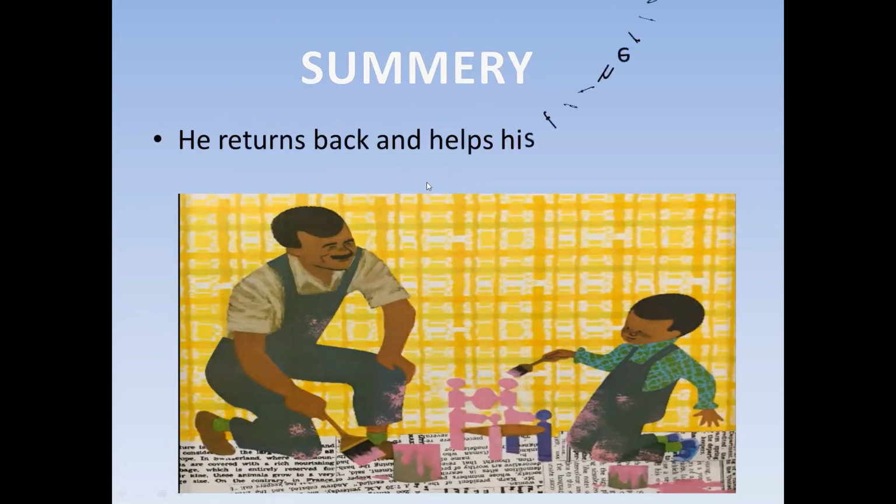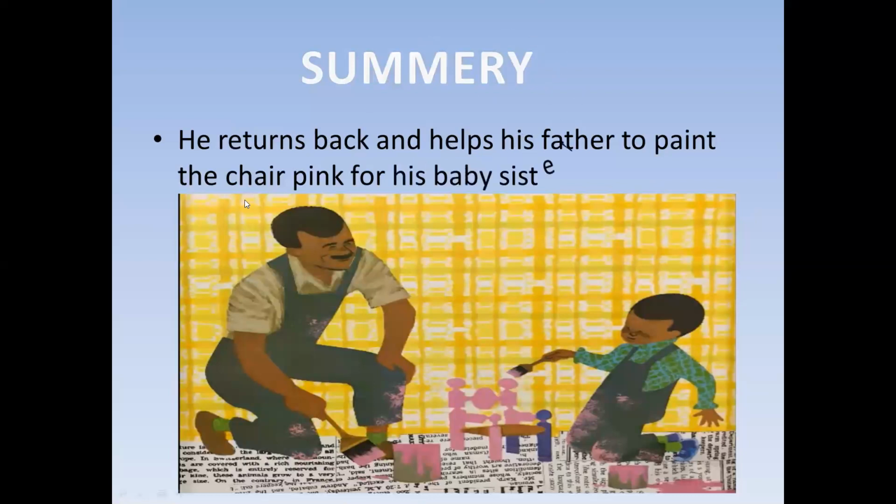In the end, he returns back and helps his father to paint the chair pink for his baby sister. It's a nice story, right? At the beginning, he has a baby sister. He must give her every small thing.